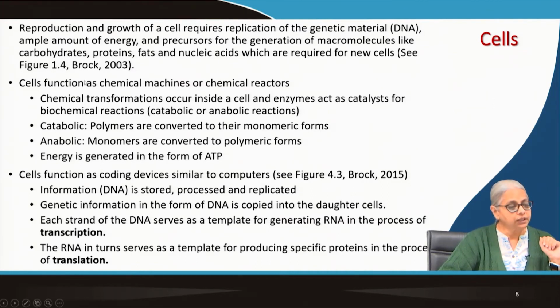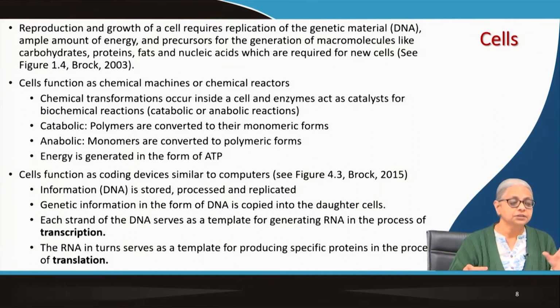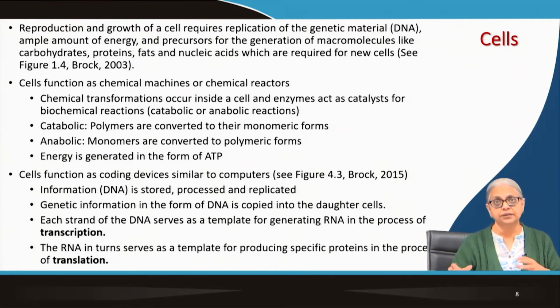So when I was talking about the biochemical reactor function, when we say it's a chemical machine or a chemical reactor, chemical transformation is occurring inside the cell. How are these chemical reactions happening? Enzymes act as catalysts for these biochemical reactions. Most of these biochemical reactions are impossible without enzymes as catalysts.